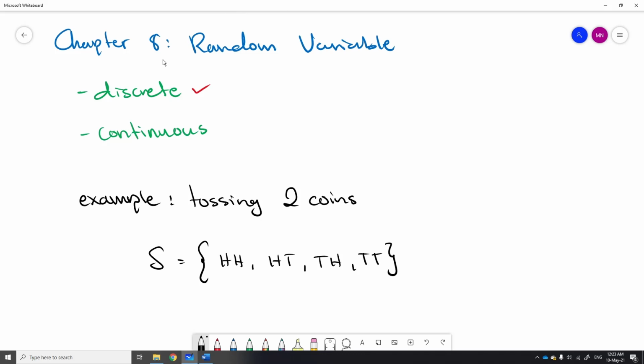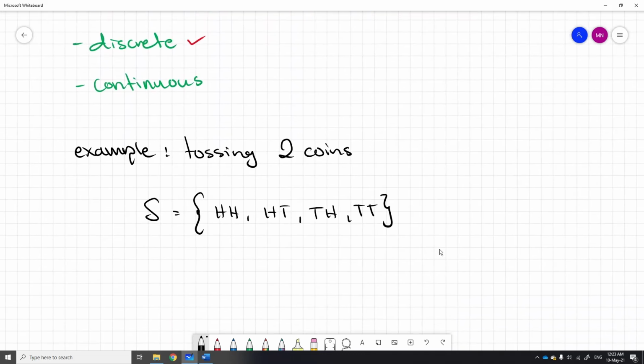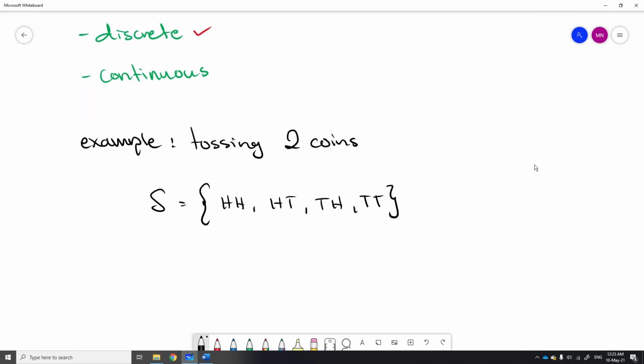You already know about this, the sample space. What we call a random variable is something we set that we want to focus on in the experiment, and we call the random variable x. Here, x is the number of heads appearing.